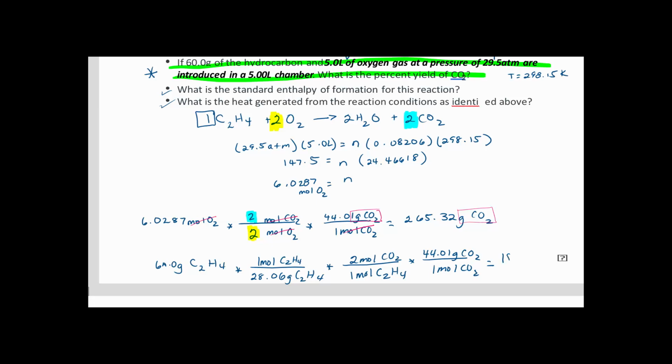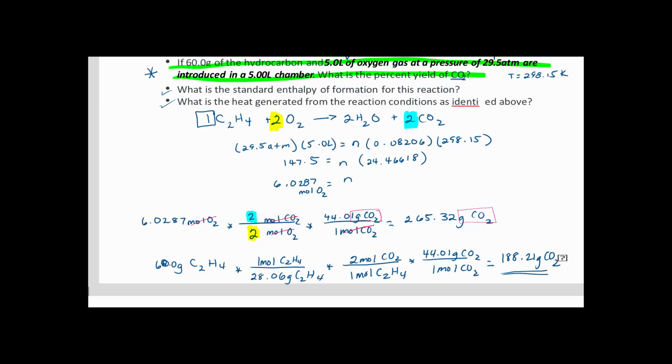The answer is I can make 188.21 grams of CO2. I got that by multiplying 60 times 2 times 44.01 divided by 28.06, and you should end up with 188.21.